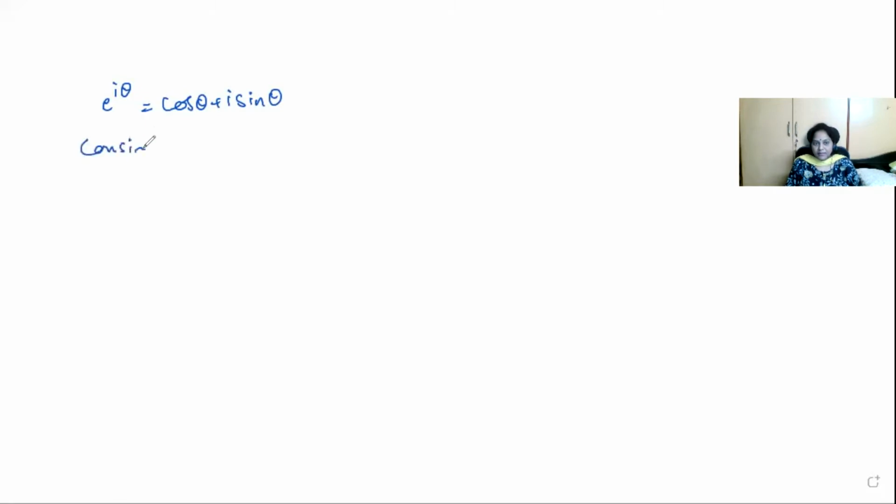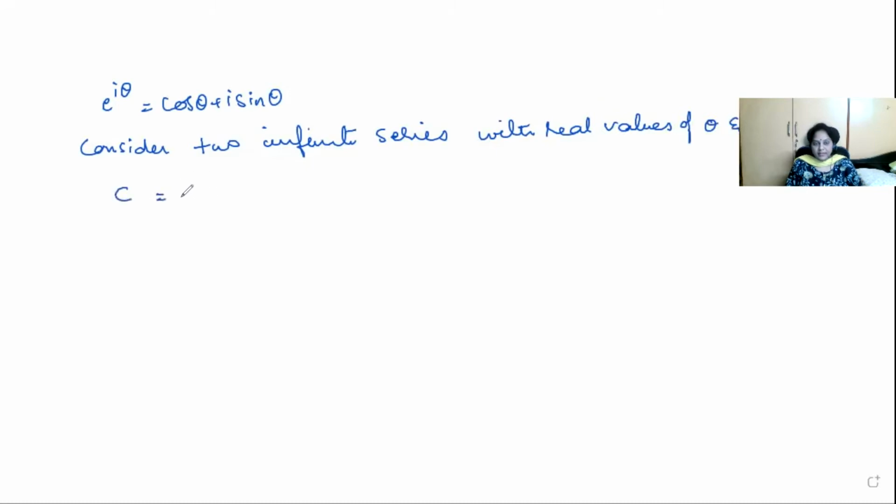Consider two infinite series with the real values of theta and r. Let's say C is given as 1 plus r cos theta plus r square cos 2 theta by 2 factorial plus r cube cos 3 theta by 3 factorial, and so on.